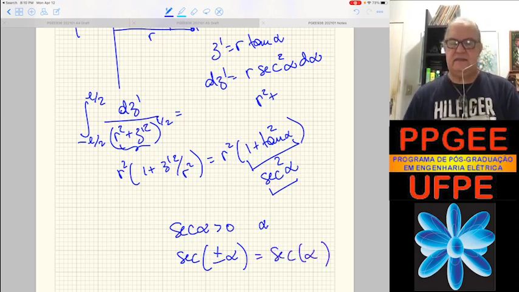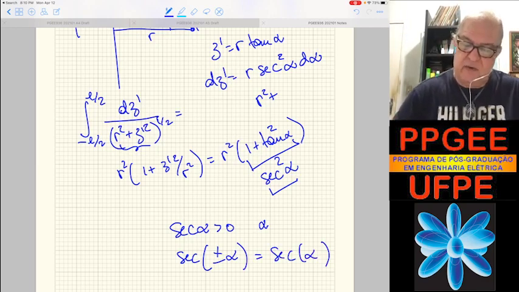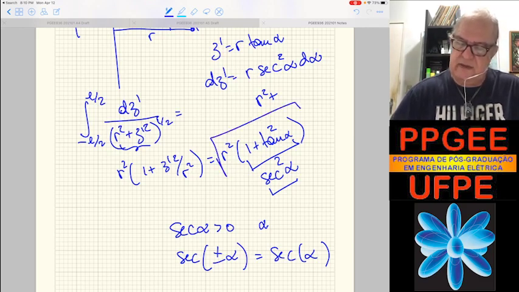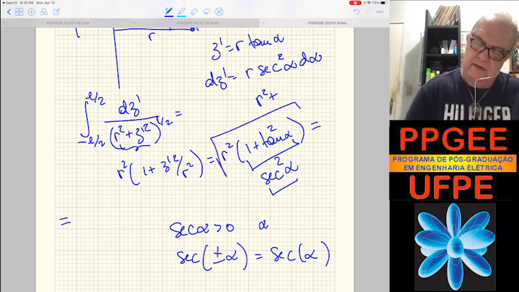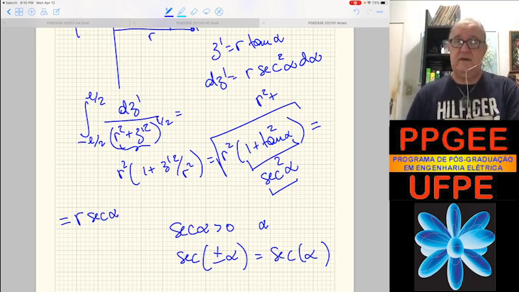That's the property here. So when we extract the square root, I can, without any problem, just write r sec alpha, because the square root of sec squared is sec.